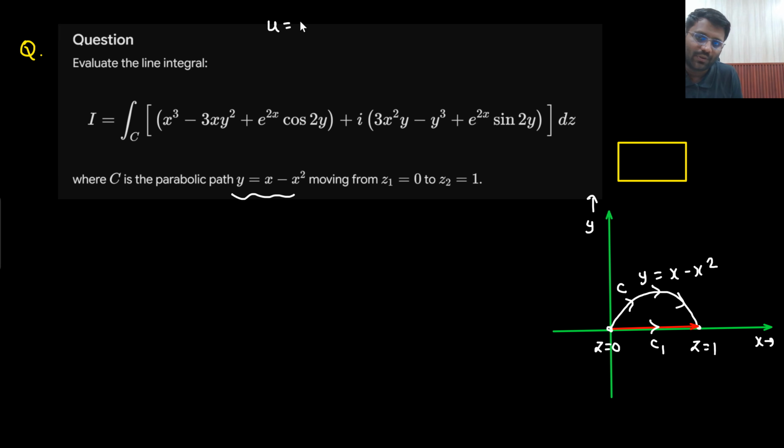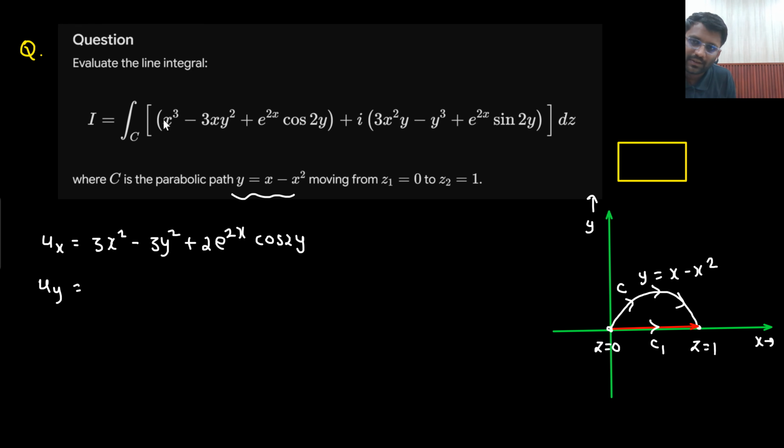So what is your u? u is x cube minus 3xy square plus e to the power 2x cos 2y. Partial differentiation of u with respect to x, what will be the answer? Sir, 3x square minus 3y square plus 2 e to the power 2x cos 2y. Partial differentiation of u with respect to y. This will become minus 6xy minus 2 e to the power 2x sin 2y.